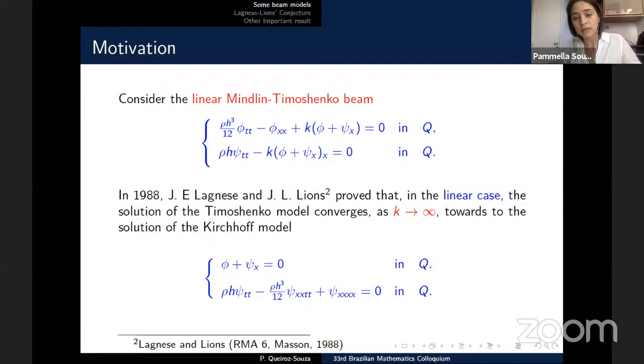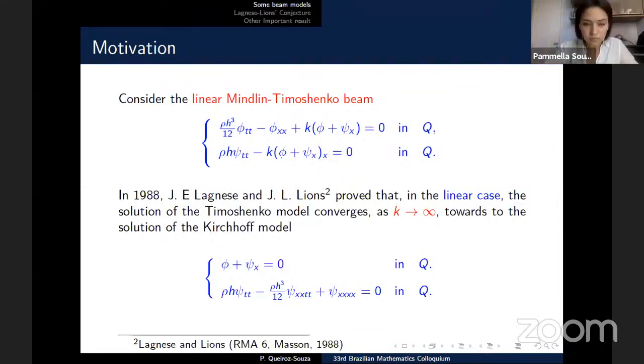In the same book, they also conjectured that in the nonlinear two-dimensional case, it is expected that when we pass the limit as k goes to infinity, the solution of the two-dimensional nonlinear Mindlin-Timoshenko system converges in some sense to the solution of the two-dimensional nonlinear von Karman system.